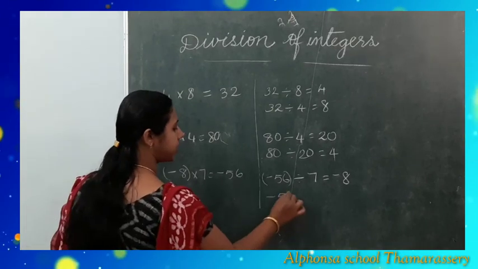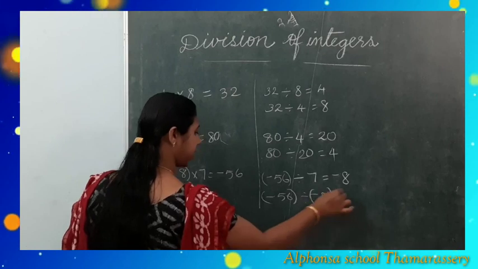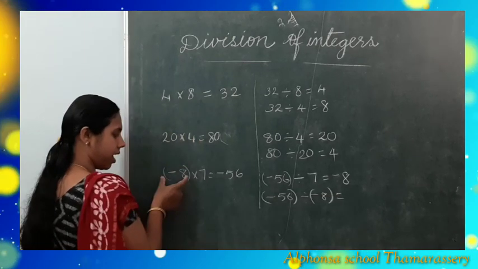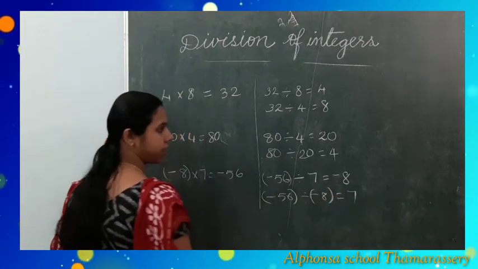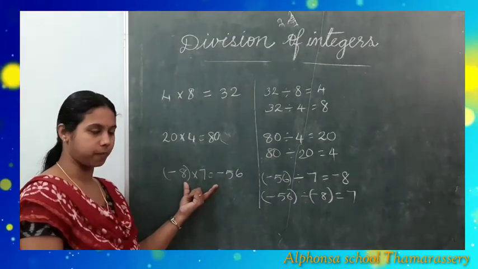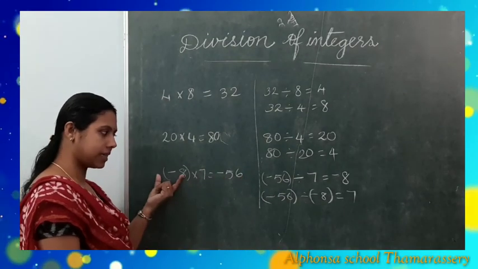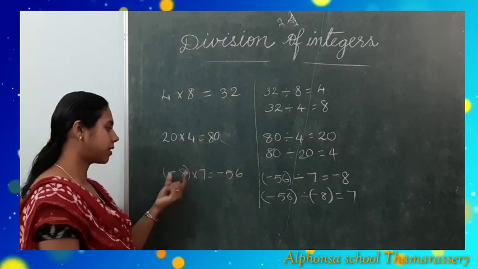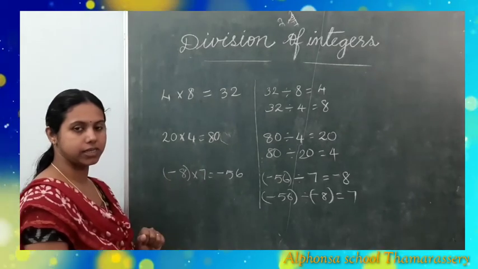Minus 56 divided by minus 8, negative by negative, is equal to positive 7. We are writing these 2 statements from this multiplication.